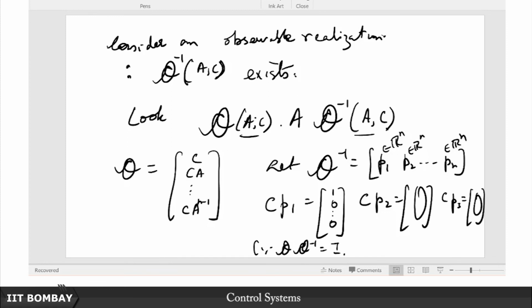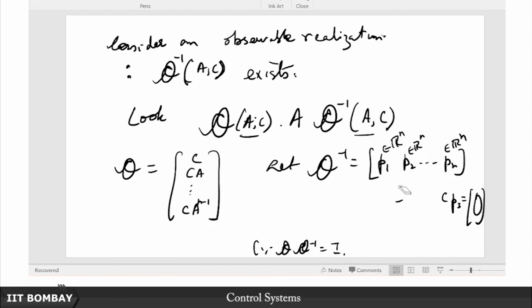Sorry, this is a scalar, my bad, I missed this in a hurry. This is going to be a scalar because C is a row vector and P is a column, so it's just a scalar. So C times P1 is going to be 1, because that is the 1 1 entry of the identity matrix. Notice that this is a row and this is a column. So first row, first column, you get the 1 1 entry, so this is going to be 1.